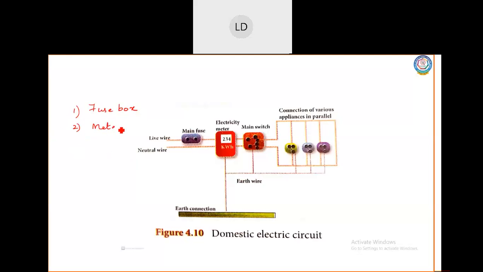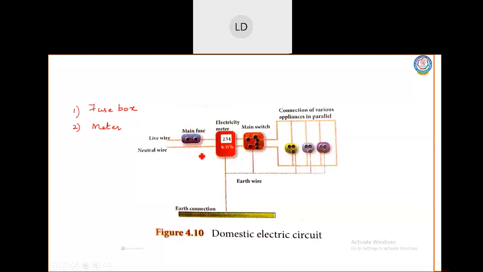Now look at the diagram. Here this is the main fuse and this is the electricity meter. The number of units consumed by us is recorded in this electricity meter, and here is the main fuse that is connected.